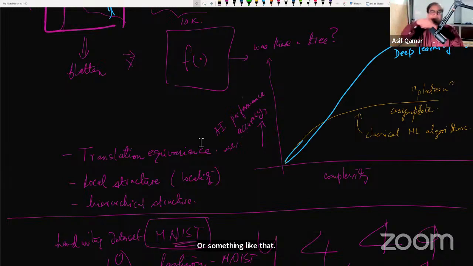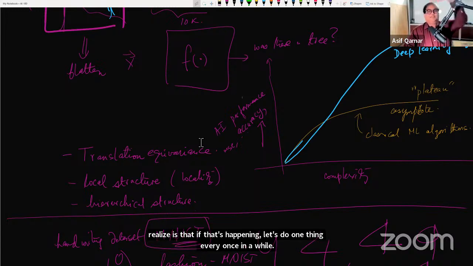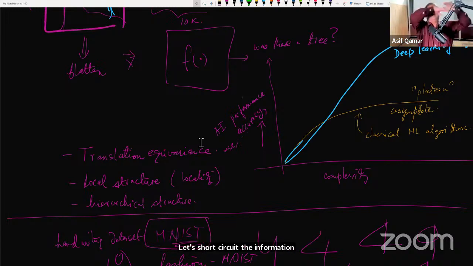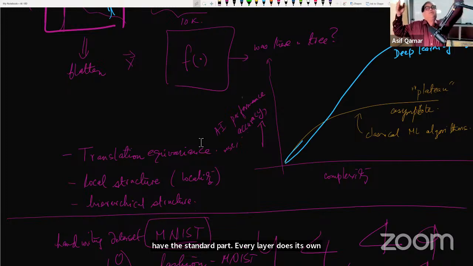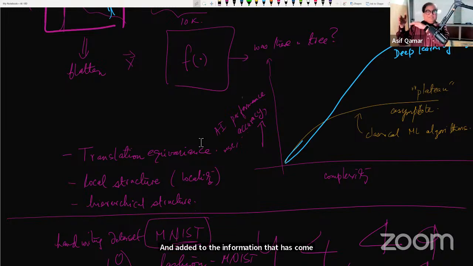So then what people realized is that if that's happening, let's do one thing. Every once in a while, let's short circuit the information forward. So you have the standard path. Every layer does its own deformations and activations and transformations. And then the information from a few layers ago, every once in a while, you give it a short circuit and add it to the information that has come through the Royal Road, the mainstream path.